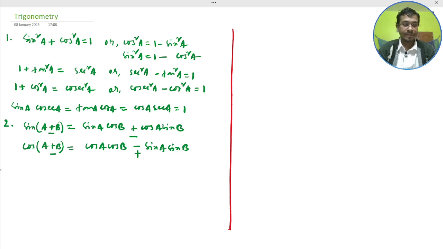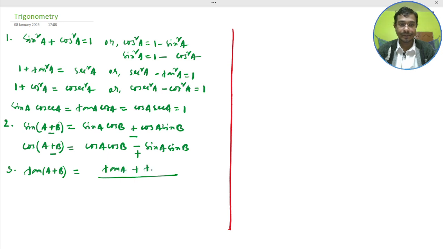Next, tan a plus b becomes tan a plus tan b divided by 1 minus tan a tan b, and for tan a minus b, it becomes tan a minus tan b divided by 1 plus tan a tan b.